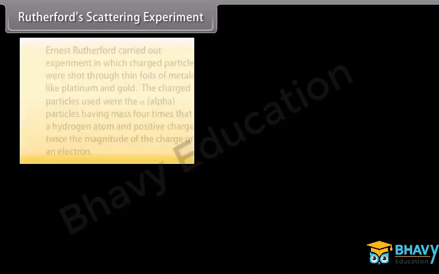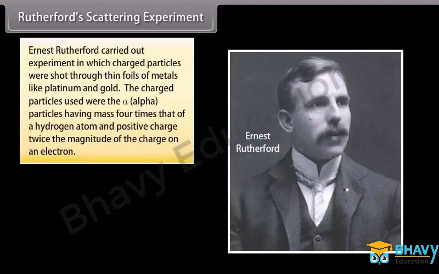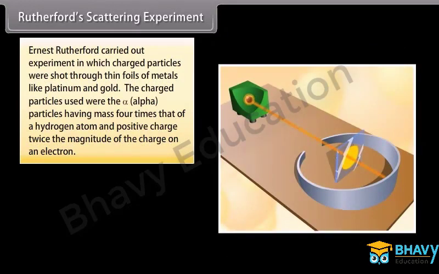Rutherford scattering experiment. Ernest Rutherford carried out an experiment in which charged particles were shot through thin foils of metals like platinum and gold. The charged particles used were alpha particles, having mass 4 times that of a hydrogen atom and positive charge twice the magnitude of the charge of an electron.